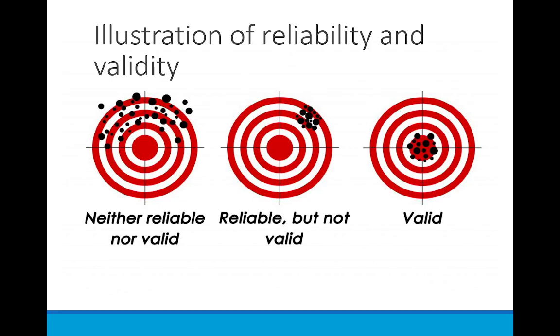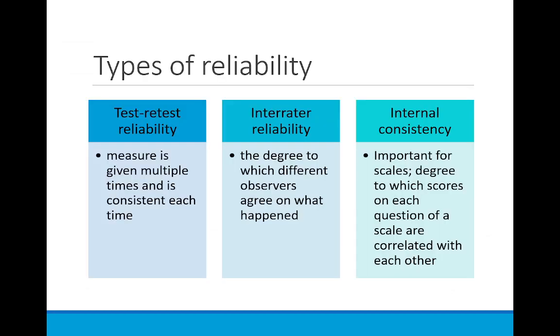So we test out these kinds of measures again and again in different ways, through test-retest reliability, where a measure is given multiple times and is consistent each time, under different circumstances and to different people, to see how much similarity there is. Sometimes if it's something observed in person, we'll have inter-rater reliability.